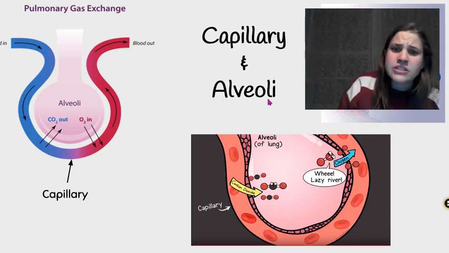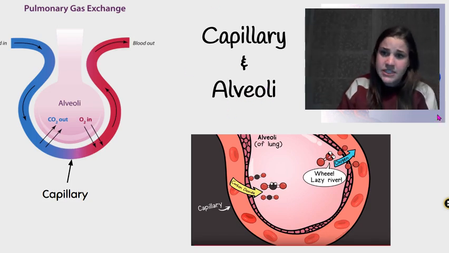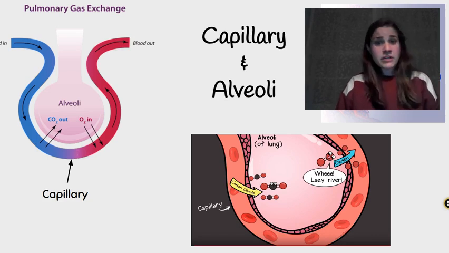What else do alveoli do in terms of their structure, aiding in their function, is they increase the surface area of the lungs.